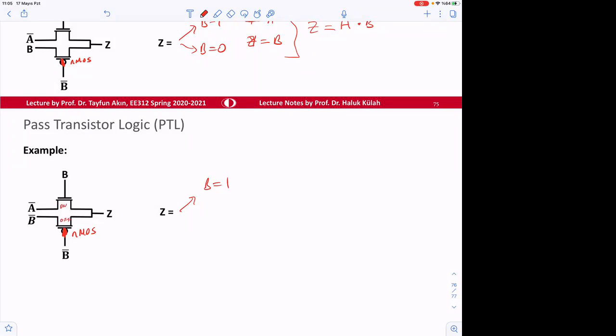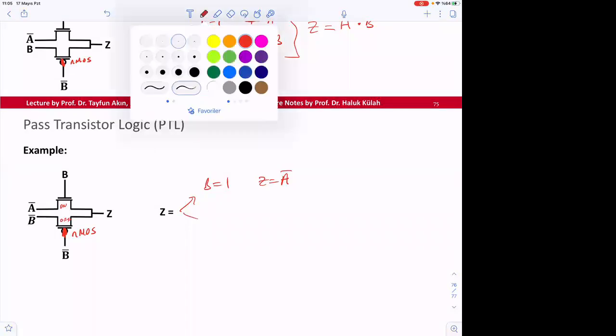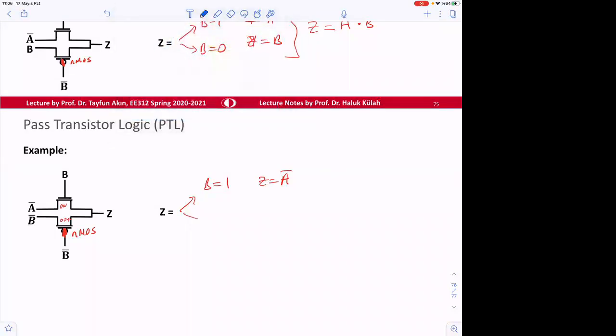So Z is going to be equal to A bar. Let's use a different color here. So when B is equal to 0, Z will be equal to B bar for this case, and then B bar is going to be 1.